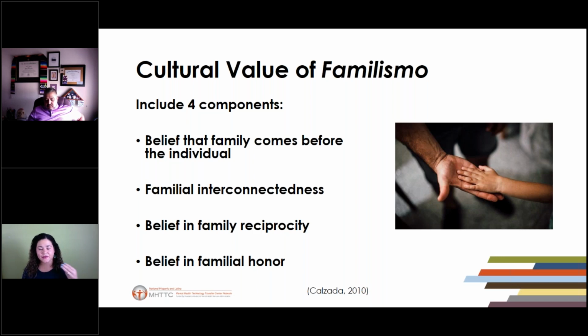So here are the four components of familismo that I want to share with all of you. I'm going to talk a little bit more about structural family therapy, but familismo is really an important factor: the family comes before anyone. There's interconnectedness between each family member. As therapists, we need to acknowledge that and see that sometimes boundaries are blurred, and believe in family reciprocity and familial honor.